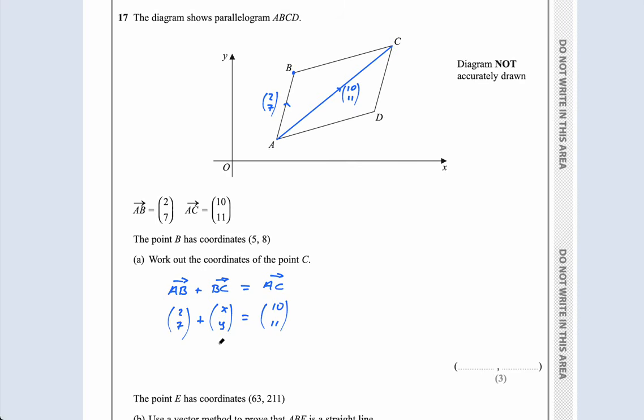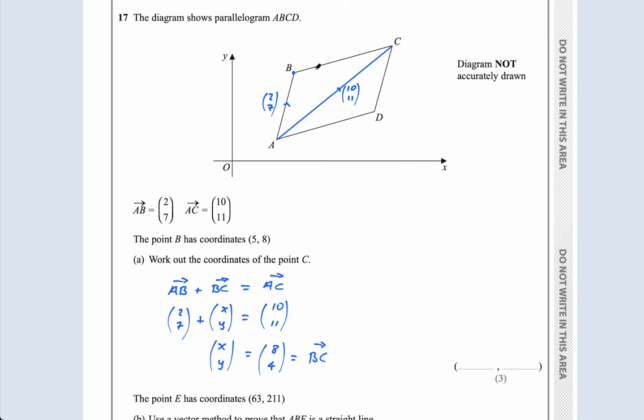Which means X, Y, this vector, which is BC, has to equal this minus this, which is 10 minus 2 is 8, obviously, and 11 minus 7 is 4. So the vector BC, this is BC, is 8, 4.